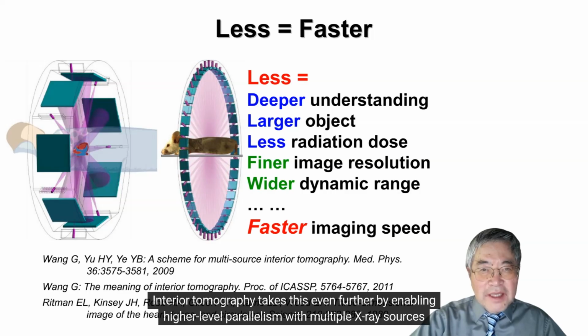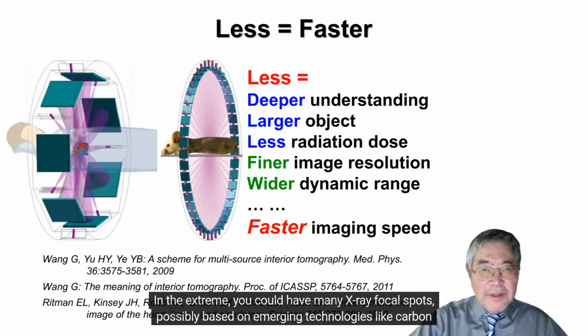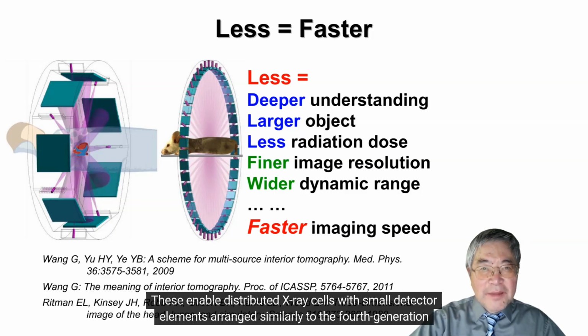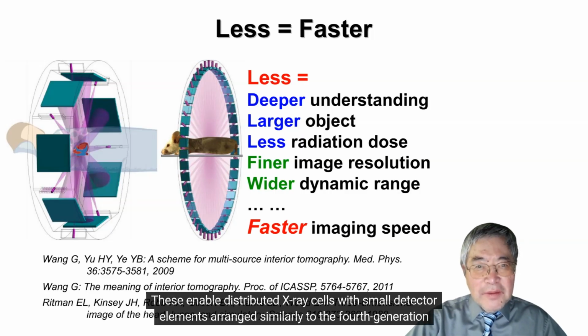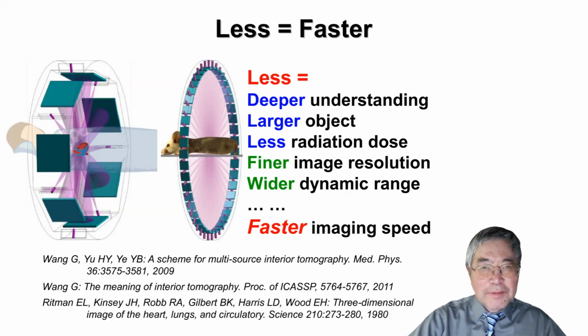Interior tomography takes this even further by enabling higher-level parallelism with multiple X-ray sources and smaller detector arrays. In the extreme, you could have many X-ray focal spots, possibly based on emerging technologies like carbon nanotube, cold emission, X-ray sources. These enable distributed X-ray cells with small detector elements arranged similarly to the fourth-generation geometry.